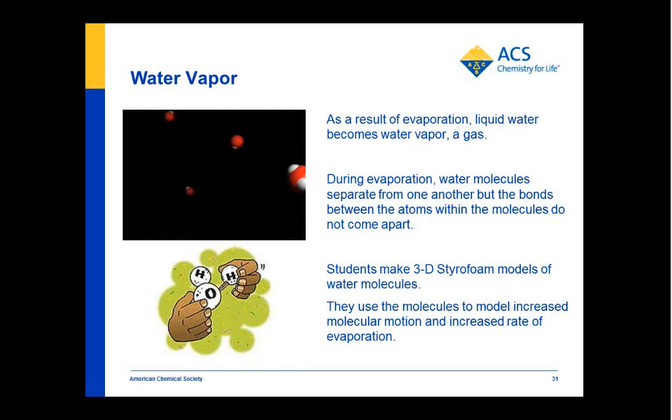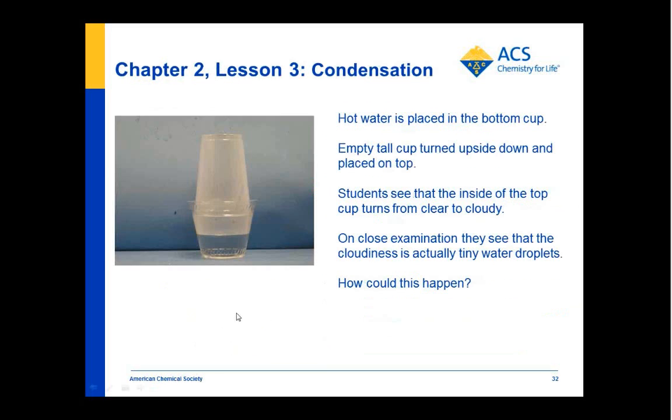We also have kids make physical models, this classic styrofoam ball thing. And that's because eventually we have the kids physically move them around and agitate them to the point where they model that they leave the liquid state and become a gas, so that they can physically do the evaporation. So then we go on, Chapter 2, Lesson 3 is about condensation.